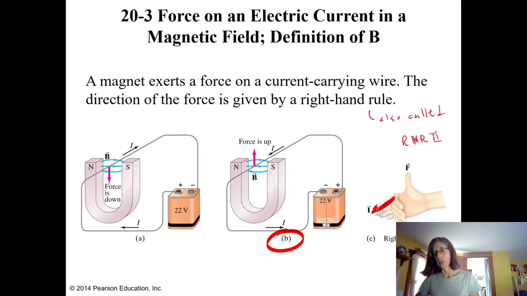So those fingers are pointing in that direction. As you curl the fingers around, that's showing that, according to the right-hand rule, the magnetic field is pointing that way, and the force is directly upward. So again, your fingers point in the direction of the current, and as your fingers curl around, that gives you the direction of the field.